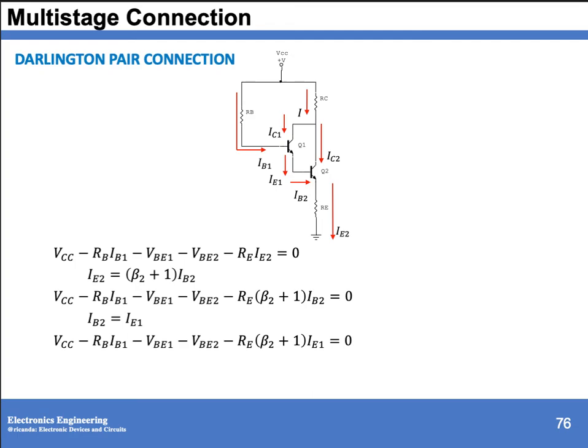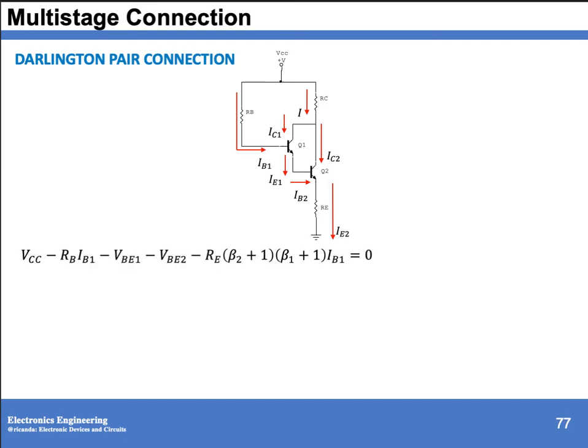And we have to express IE1 in terms of IB1. So we have IE1 equals beta 1 plus 1 IB1. Therefore, your equation will be VCC minus RB IB1 minus voltage base emitter 1 minus voltage base emitter 2 minus RE times quantity beta 2 plus 1 times quantity beta 1 plus 1 IB1.